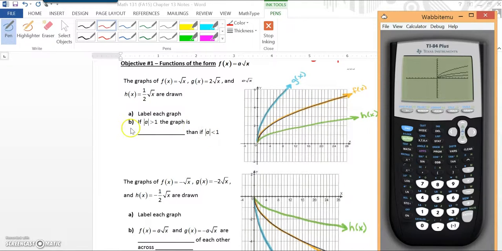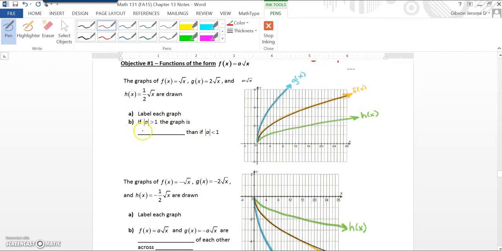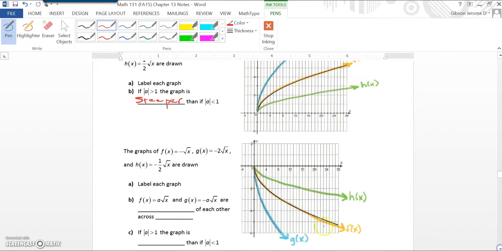So now it says we have a rule here. If the absolute value of a is greater than 1, the graph is steeper than if the absolute value is less than 1. Now we come down here. We will basically do the same thing again in our calculator.